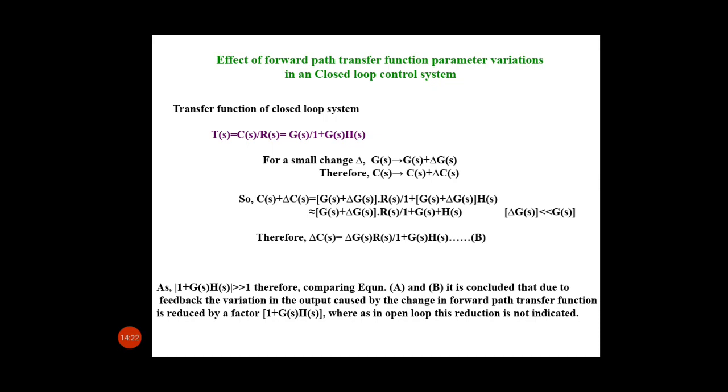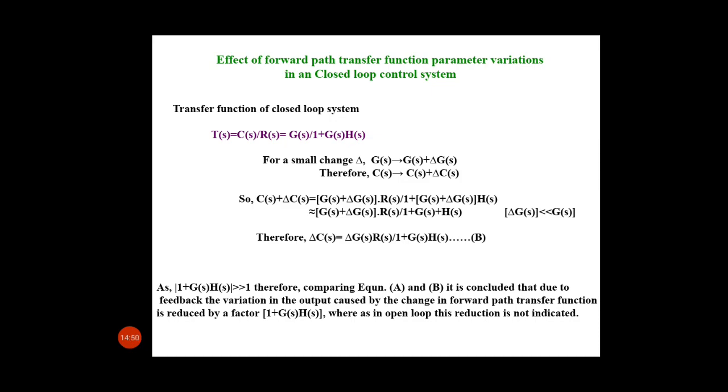Now come to the point of how feedback affects the overall gain of the system. Look at the transfer function of the closed loop system, because we have seen that feedback exists only in the closed loop system.